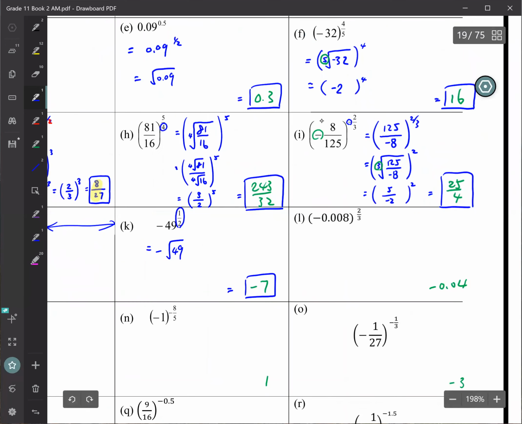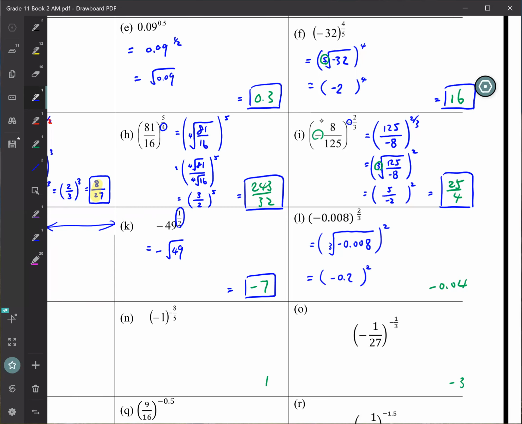Okay, question L. You have a cube root. It's an odd number, so it's okay to have negative, right? So this one is not undefined. Square. Okay, negative 0.008. If you cube root that, it will be negative 0.2. Right?